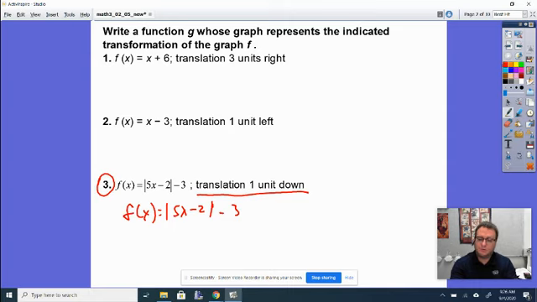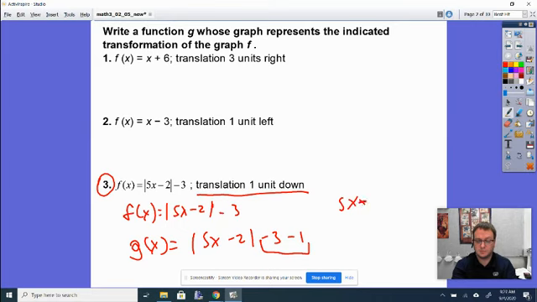A translation down by 1 unit is going to be a k, so g of x equals the absolute value of 5x minus 2, minus 3, and then down, since it's k, it's going to do what we want, so minus 1. I can combine these like terms, so I end up with the absolute value of 5x minus 2, minus 4.